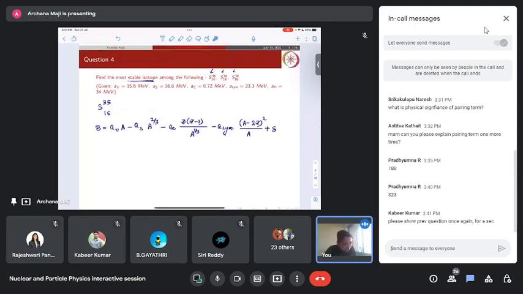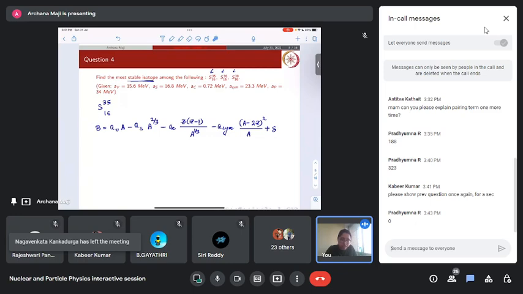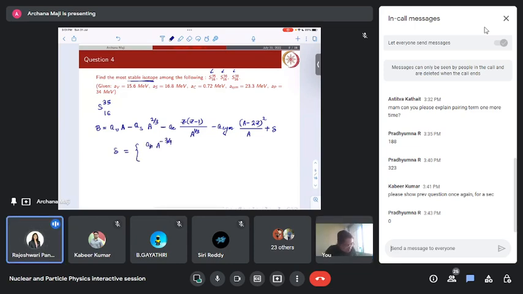Now you tell me what will be this pairing term delta for this sulfur 3516. Let me write down what delta is. Ma'am, 0. Delta will be 0, exactly.